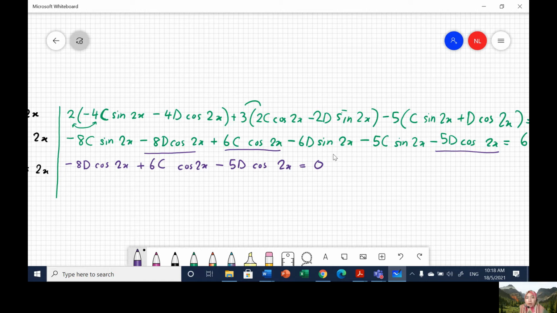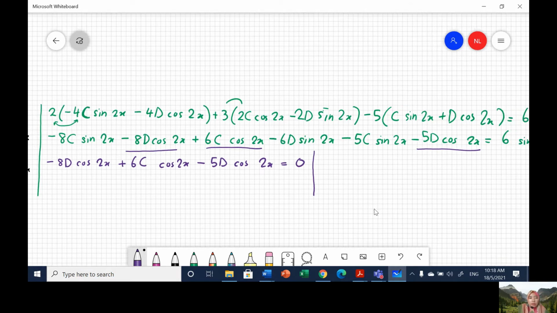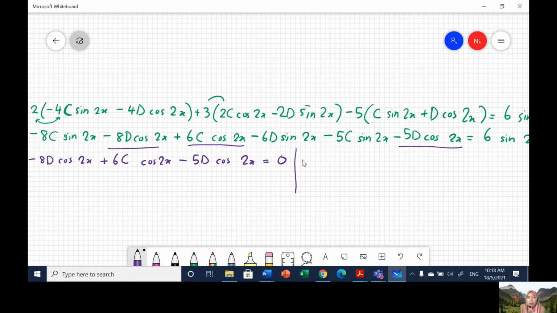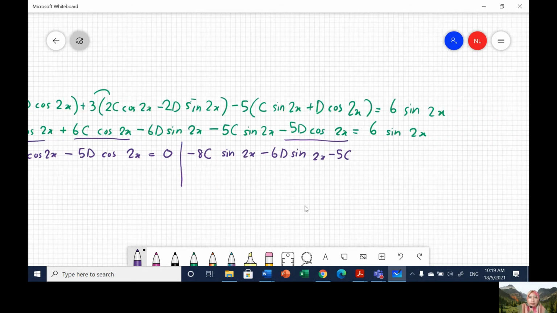And in terms of sine, we are going to continue later on to find out the value of c and d. In terms of sine, I will write down here negative 8c sin 2x minus 6d sin 2x minus 5c sin 2x, equal to the right-hand side 6 sin 2x.